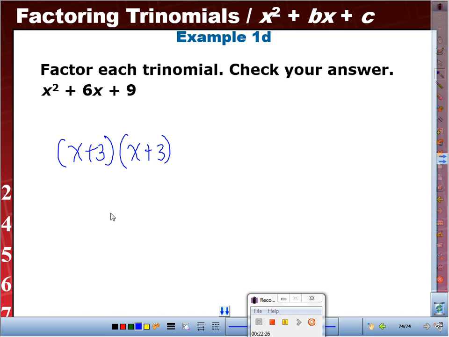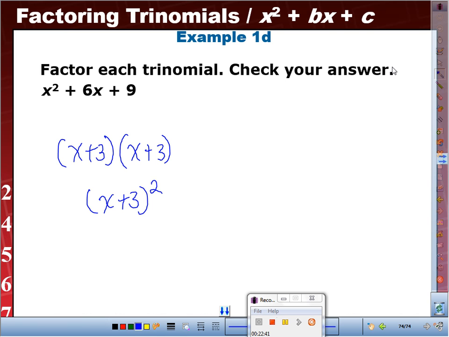X plus 3 squared. Copy that, please. Whenever you identify that these are exactly the same factors, make sure you write it like this in simplified form. If you identify it. Okay?